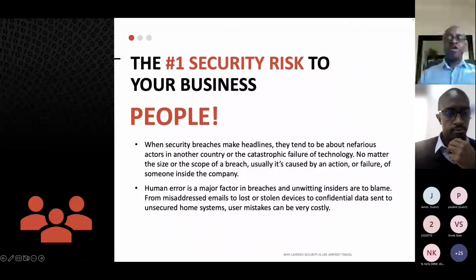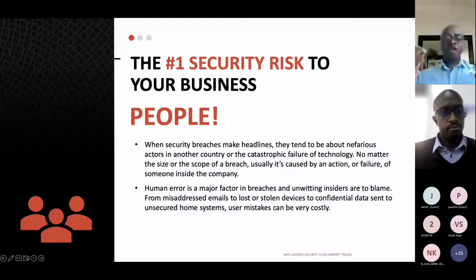No matter the size or scope of a breach, usually it's caused by an action or failure of someone inside the company. So somebody inside the company could very easily have opened a door, a crack in the armor that you've placed around your company, and allowed that bad actor inside in one way or the other. So your people are the biggest risk.